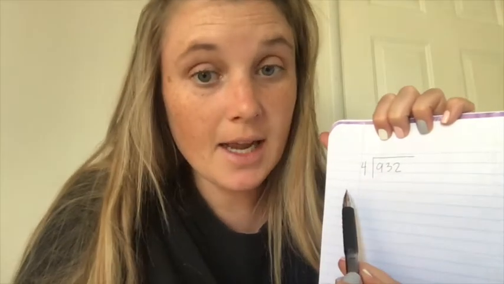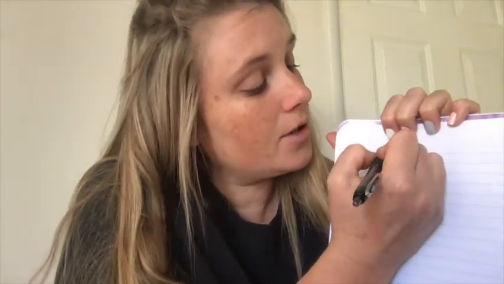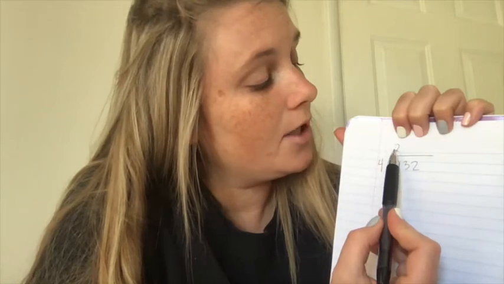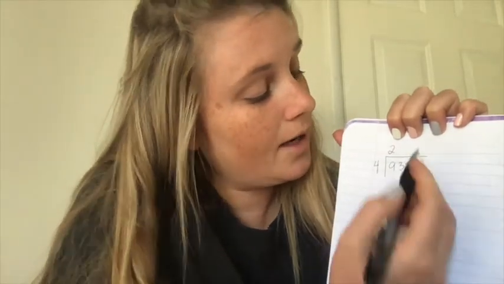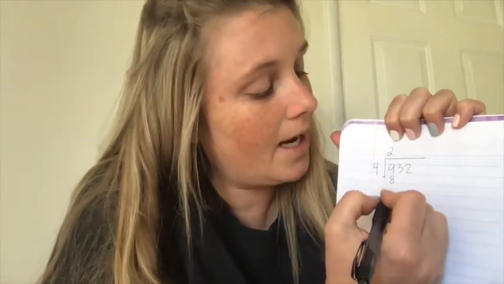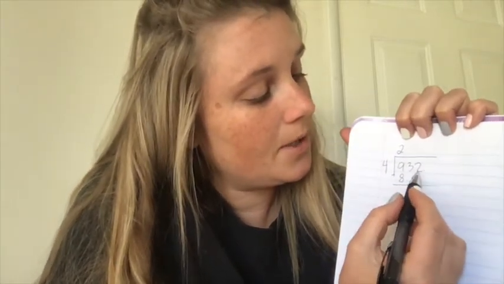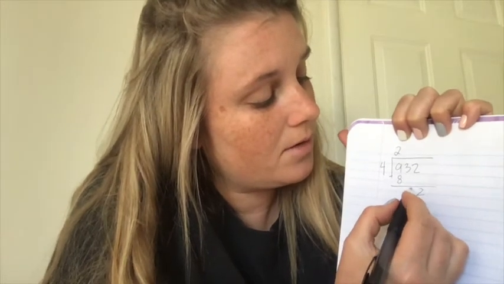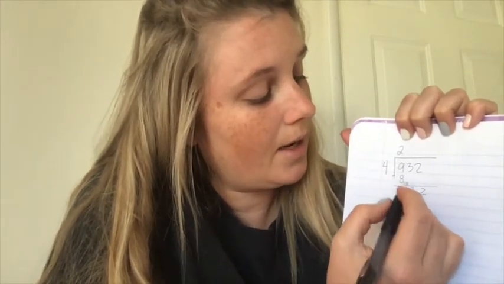It sure can. How many times? 2 times, right? Now multiply. 2 times 4 is 8. Now we subtract and we bring down. So let's bring this 2 down. Bring this 3 down. 9 take away 8 is 1.